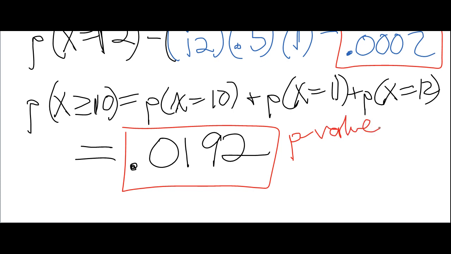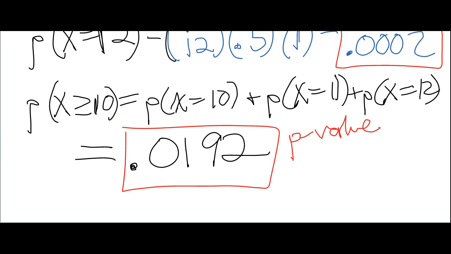It means that if we flip this coin 12 times, this is the probability of getting at least 10 tails out of those 12. Now, we didn't choose an alpha value here, but 0.0192 is fairly strong evidence against the null hypothesis.